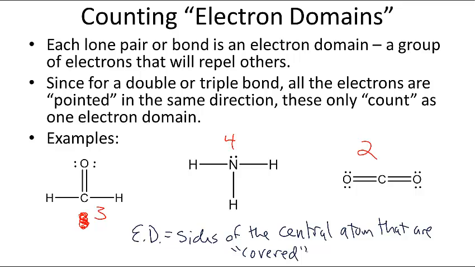Left, right, top, 3 domains. Ammonia, the top is a lone pair, and left, right, and bottom are bonds, so all 4 sides are covered. CO2, just the left and the right are covered. So if you just look at how many sides are covered, it'll tell you how many domains there are. It gets a little trickier because we can go beyond 4, but you'll see that when we get to it.